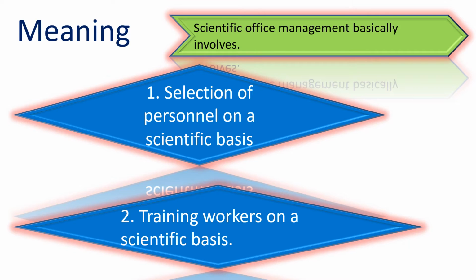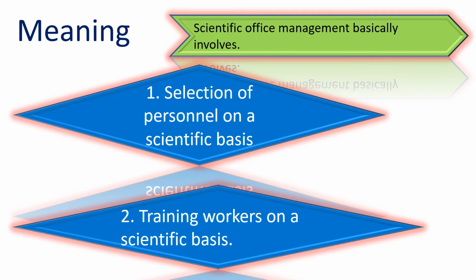Scientific office management is characterized by the scientific method applied in the solution of business problems and the development of management techniques. Second is training workers on a scientific basis.